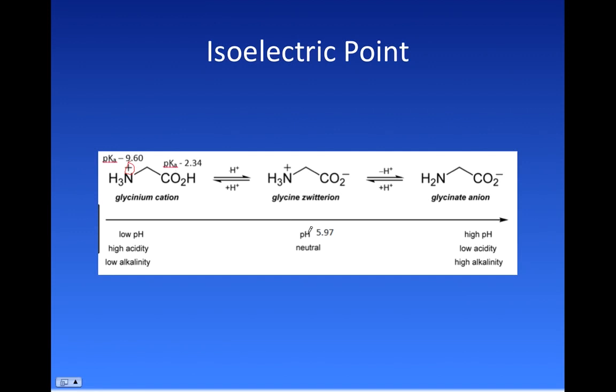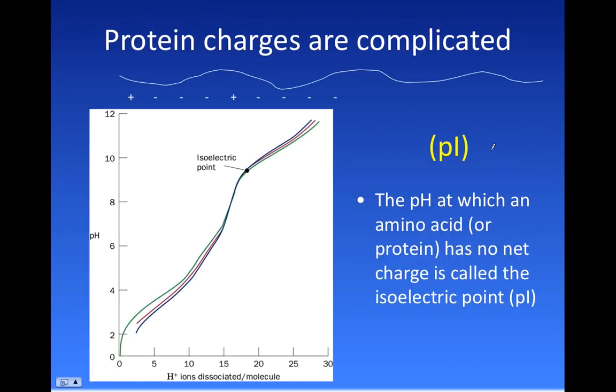If we move away from the isoelectric point to a higher pH, which is more basic, then our molecule is going to tend to have a more negative charge associated with it. Okay. Now, this prediction of what the charge of a molecule is going to be in relationship to its PI value is going to be very important as we try to isolate proteins based on binding to positive and negative charges. So we've just talked about amino acids, but let's extend this to think about proteins.